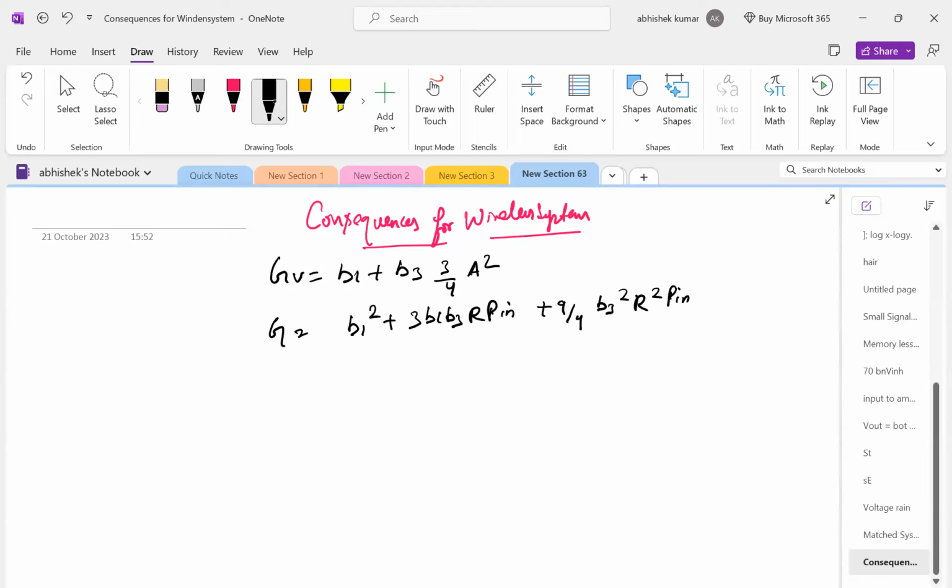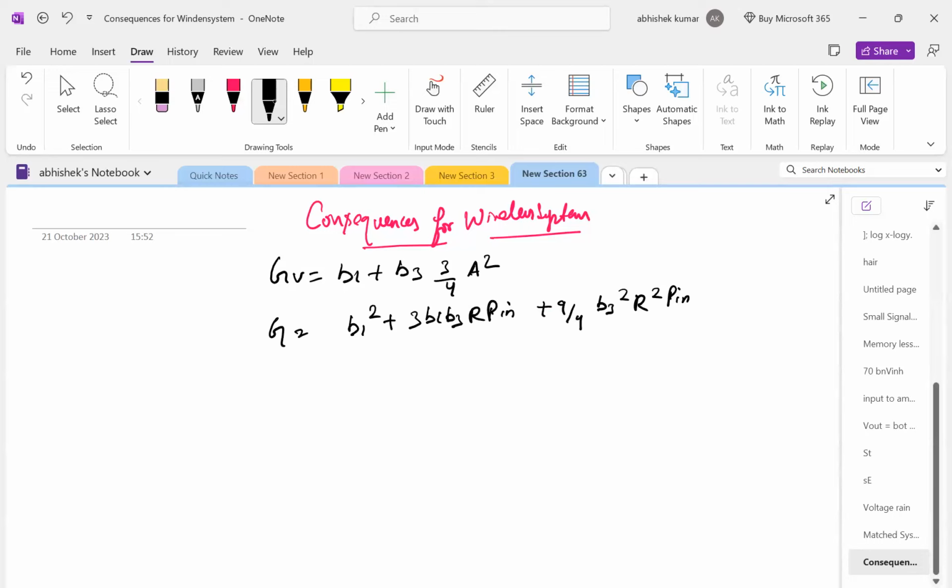So what is gain compression? These questions can come. Amplifier gain falls as the input power increases. Yes, that's true. This is the behavior of most simple amplifiers. For a cubic polynomial, if B1 and B3 have opposite signs, then your gain will be compressed.